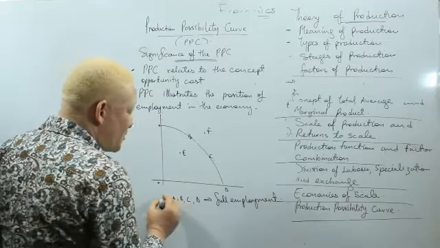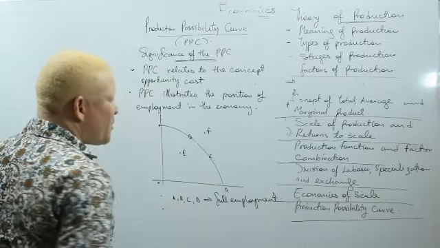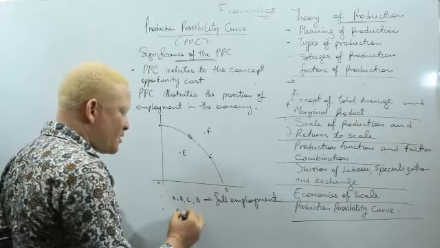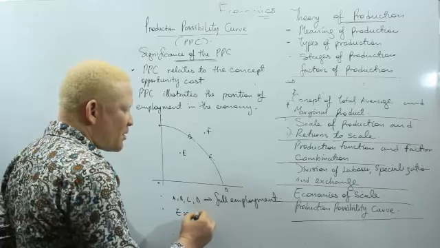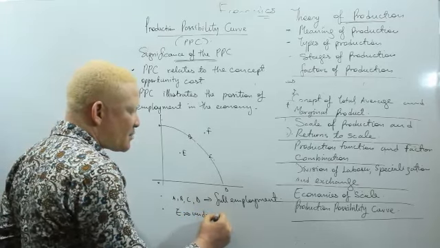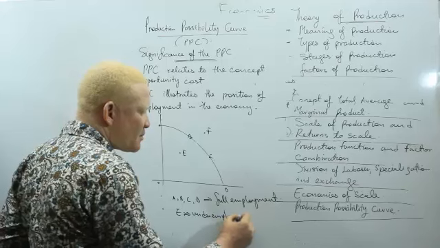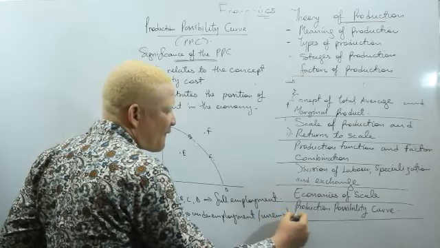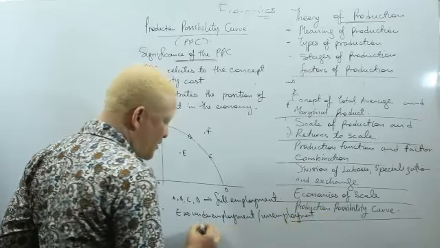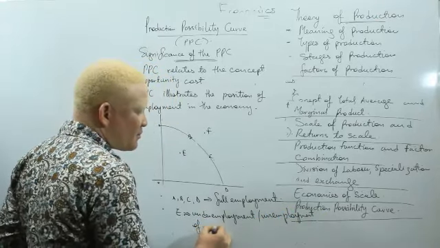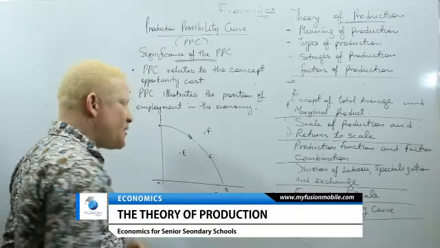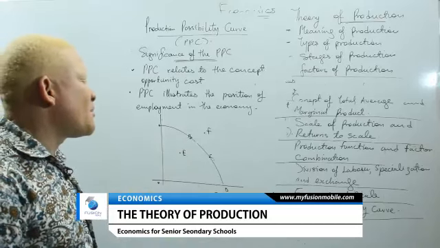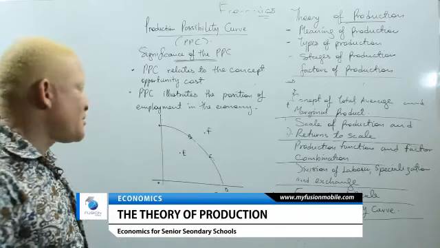Now, every point inside the production possibility curve, say point E, represents underemployment or unemployment of resources. Definitely, when resources are unemployed or underemployed, the economy will not be producing at the point where it is supposed to.